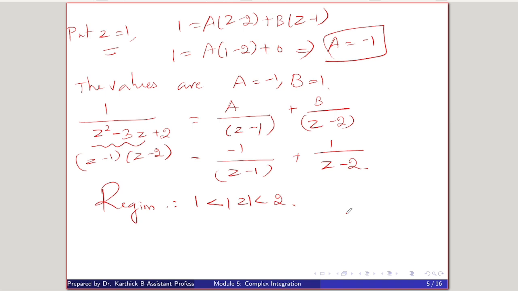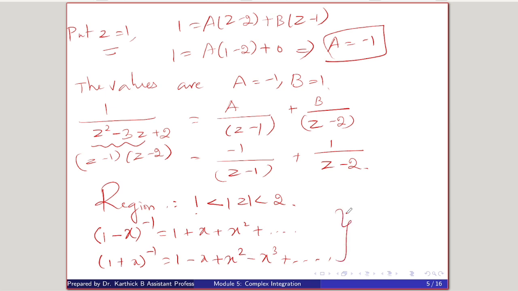Okay. So here we will use two formulas basically. Already we know the binomial expansion: 1 by 1 minus x equals 1 plus x plus x square plus and so on. Another one is 1 by 1 plus x equals 1 minus x plus x square minus x cube, and it goes on this way.